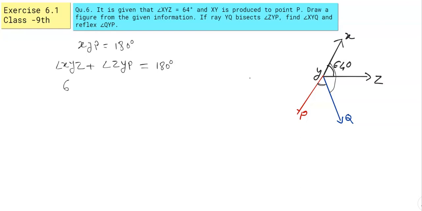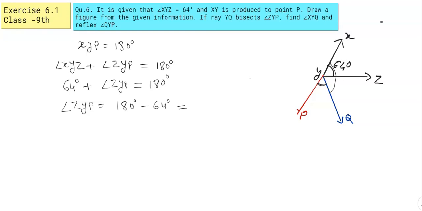XYZ value is 64 degrees. We will put that here, and angle ZYP we have to find, so angle ZYP is 180 degrees minus 64 degrees.